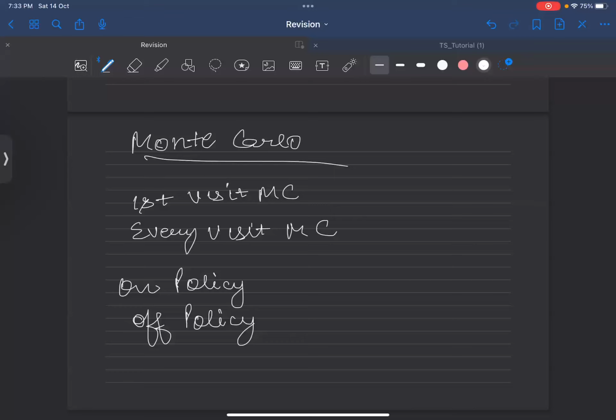So what are rollouts? Rollout means generating the trajectory starting from a state, following whatever policy, the behavior or target policy, basically rolling out from a state towards the goal.